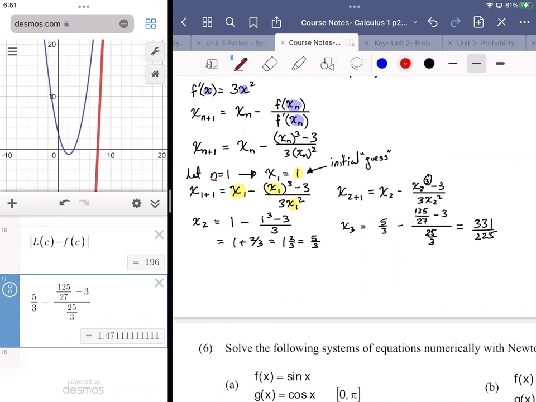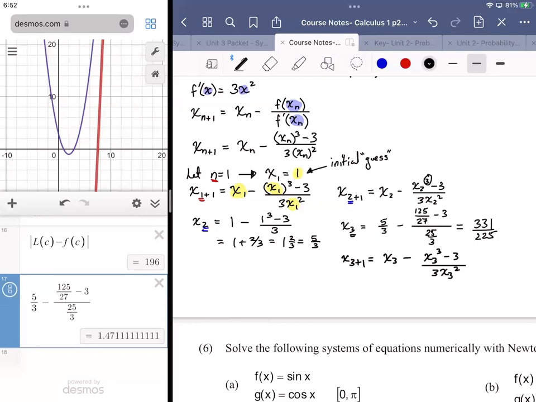It started off as a 1. Then it became a 2. Now it's a 3. So x sub 3 plus 1 is going to be x sub 3 minus x sub 3 cubed minus 3 over 3x sub 3 squared.